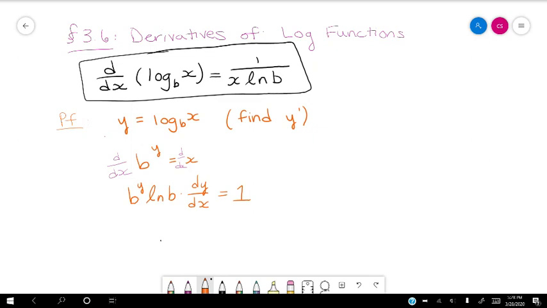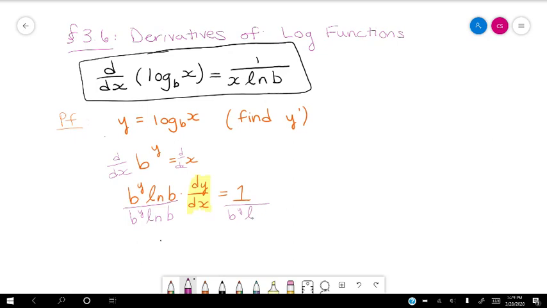Okay, so what are we doing? Well, we want to get an equation for y prime. So we're going to keep that dy/dx on the left, and we're going to move everything else to the right. So this is multiplying, so we are going to divide both sides by the coefficient of y prime, or the coefficient of dy/dx.